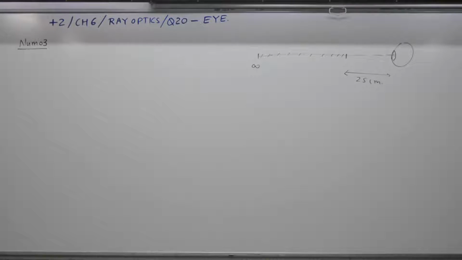What is the power of spectacles that he should use to see clearly the object placed at 25 centimeter?